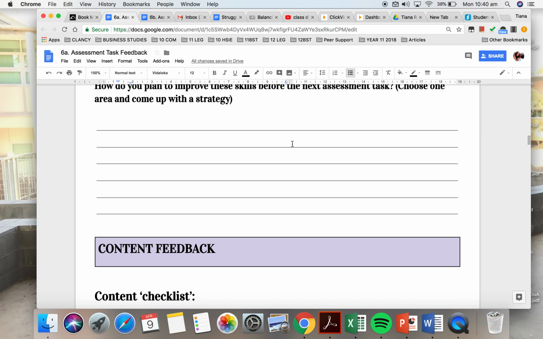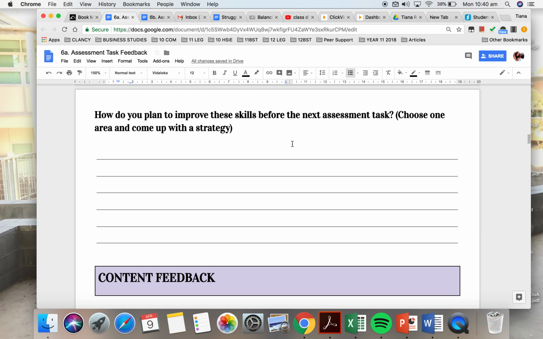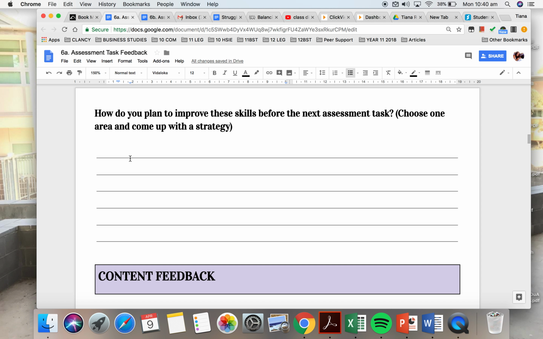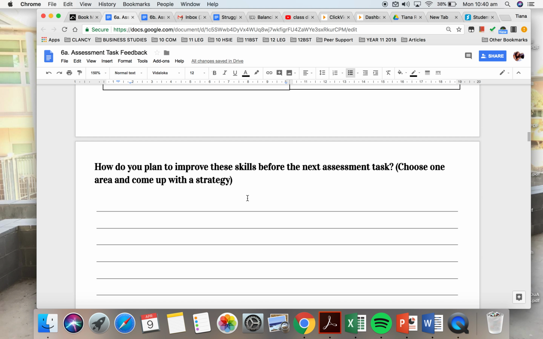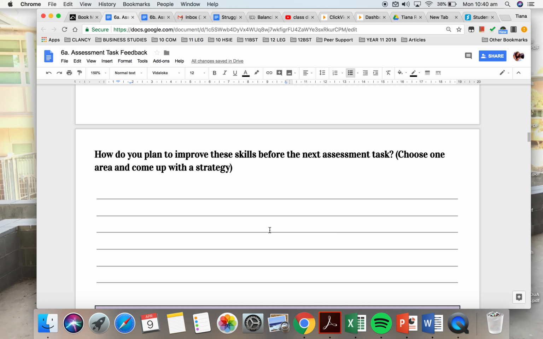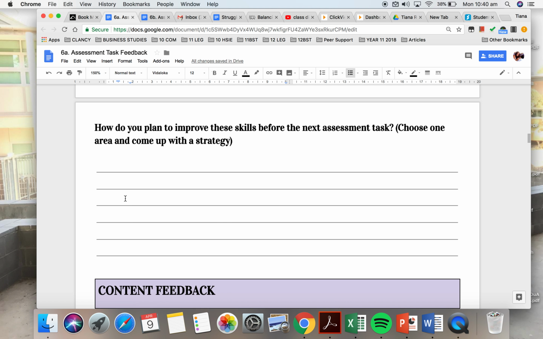It might be that you practice extended response paragraphs before the next assessment task. So I want you to choose an area and now plan how you are going to improve in that area. So I'm going to ask you to open your laptops again, and you can delete these lines and answer that question.